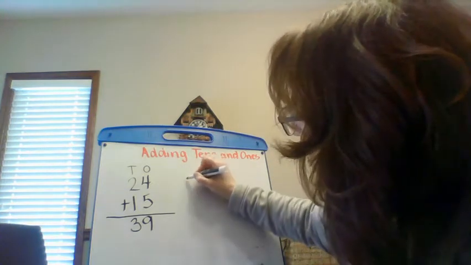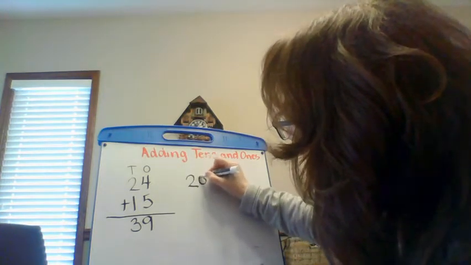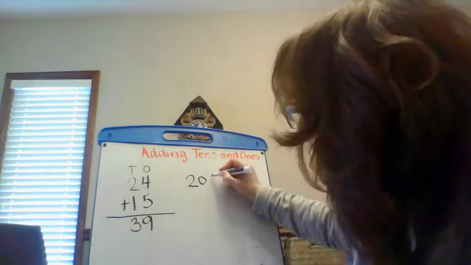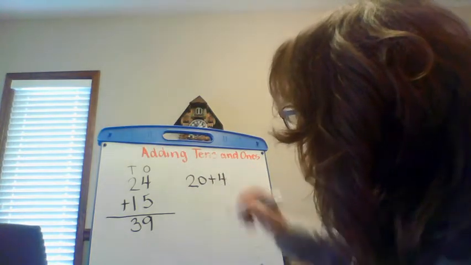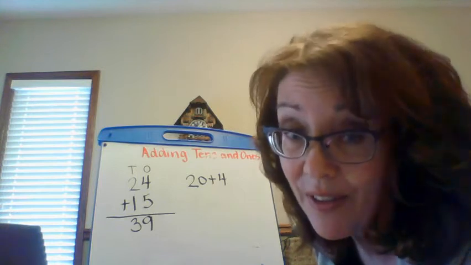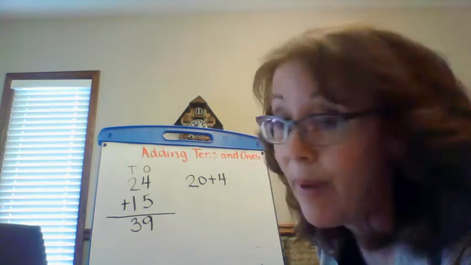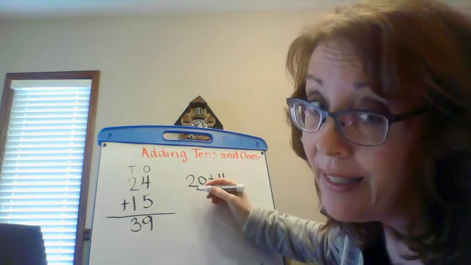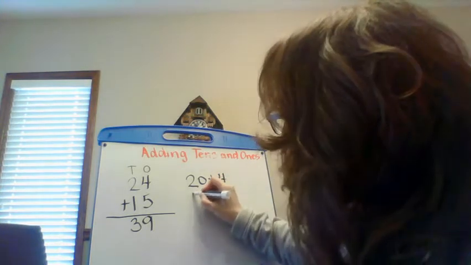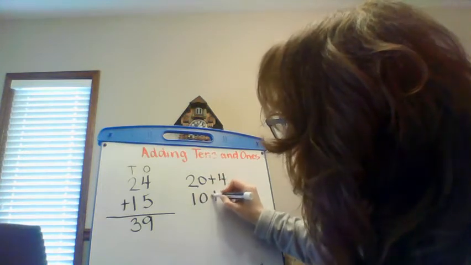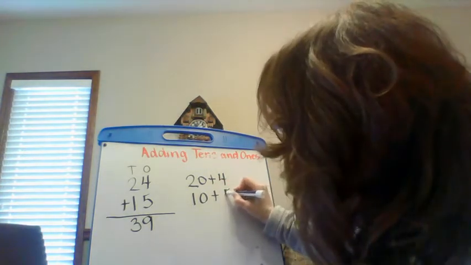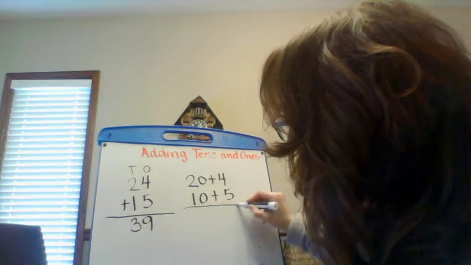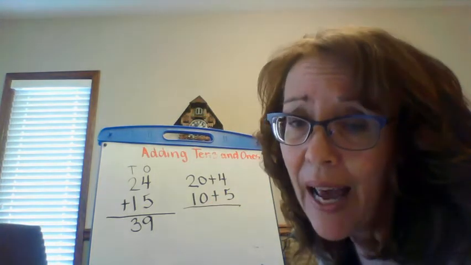So 24 is 20 plus 4. Now when I look at my 15, I know 15 is made up of one group of 10 and five ones. One group of 10 is 10 plus five ones.